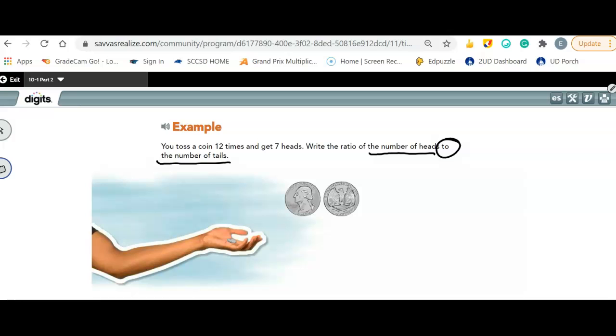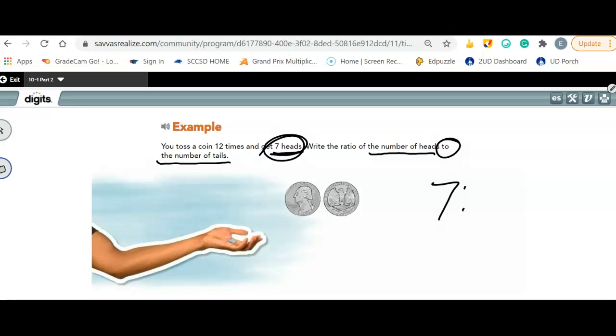So, the first number we're looking for is the number of heads. Do we know how many heads they flipped? Maddie? Yes. We get 7 heads. That's based off the information given to us. So 7 colon. Now we're looking for the number of tails. Is that given to us? No, it's not given to us.